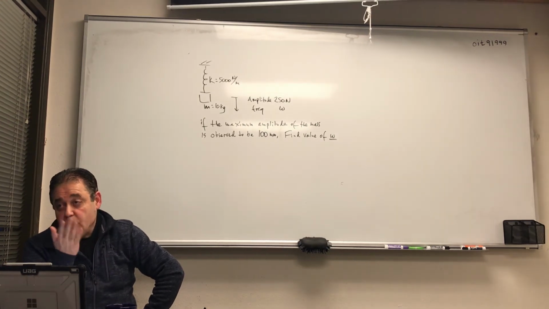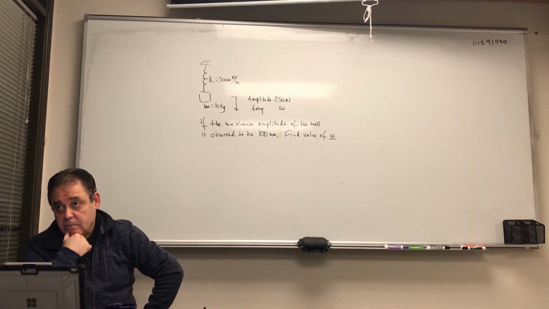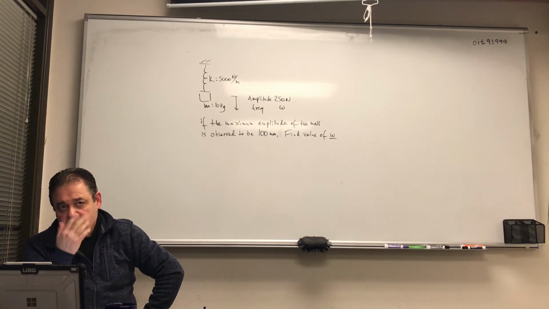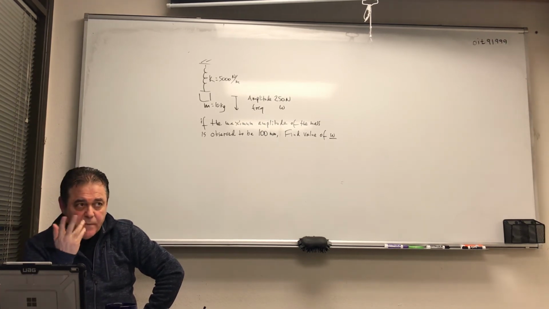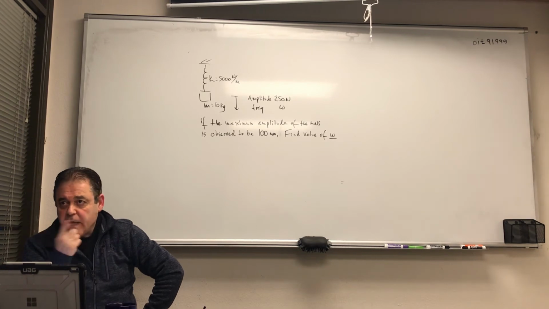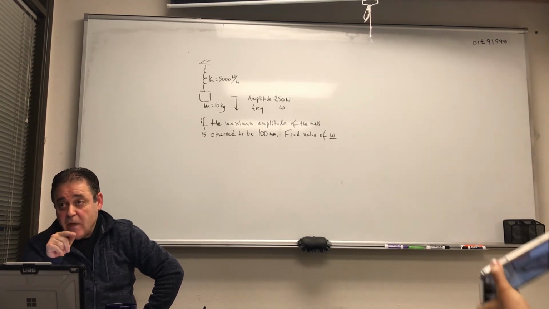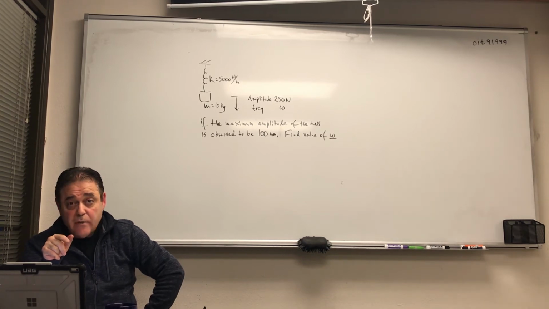So we know what the equation for that amplitude is, right? That's that F naught thing. It's equation 3.28. It has 3 different forms: F naught over K minus M omega squared, or delta static over 1 minus omega squared over omega n squared.